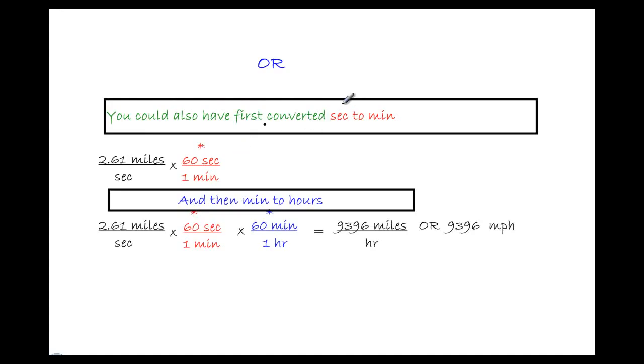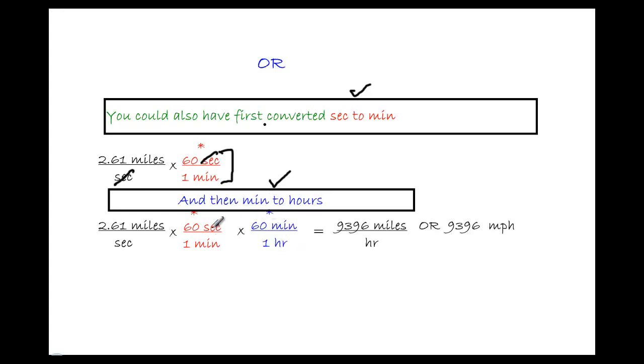Of course, what we could have done is first converted seconds to minutes, and then converted minutes to hours. In order to convert seconds to minutes, I would multiply by this fraction: 1 minute is equal to 60 seconds. In that case, I would wind up with the seconds canceling out. I wind up with miles per minute. And then I would change from minutes to hours.